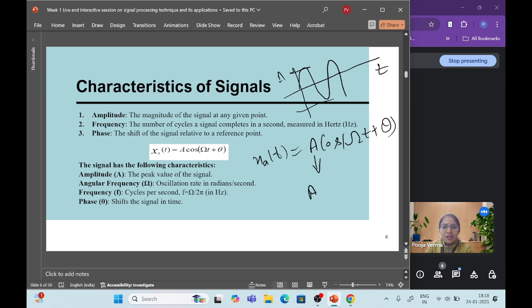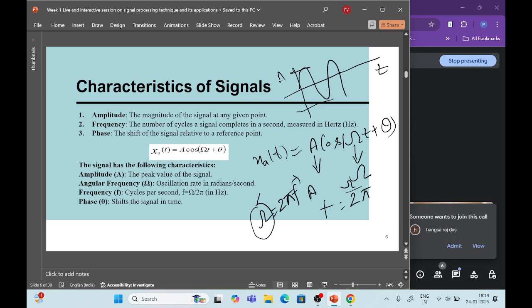In seconds, it is measured in hertz. Omega is basically called angular frequency, and omega is equal to 2 pi f, where omega is the angular frequency and f is the frequency. The frequency is represented in hertz, and angular frequency is represented in radians per second.